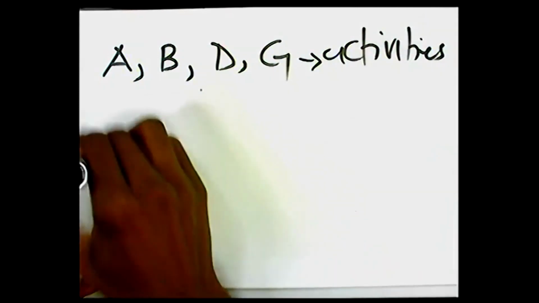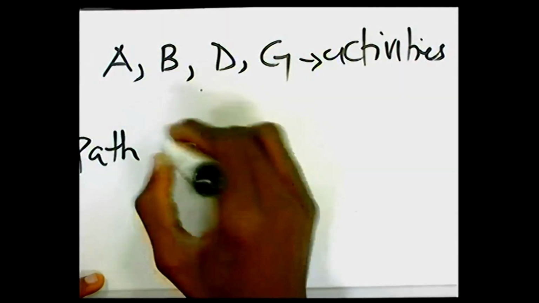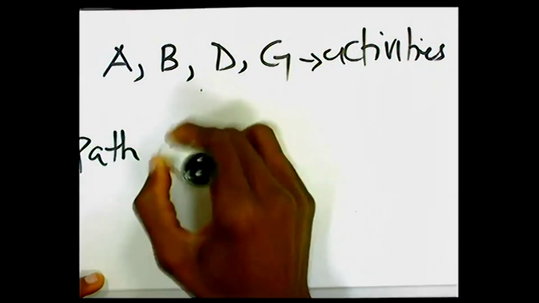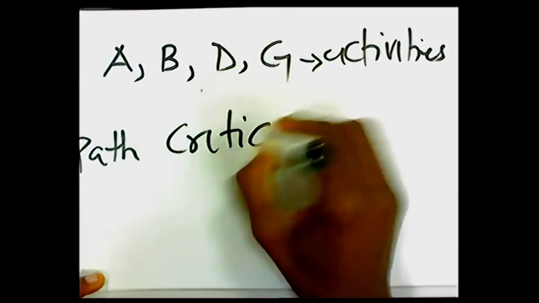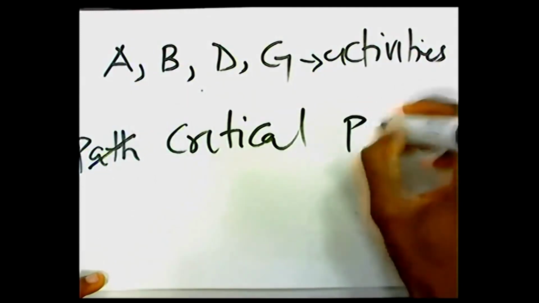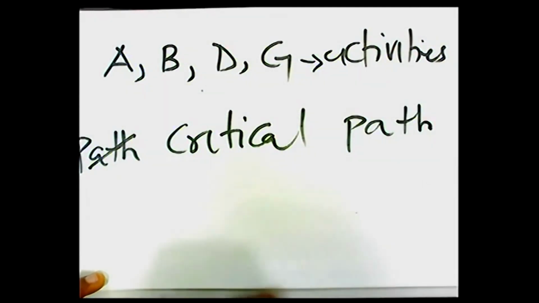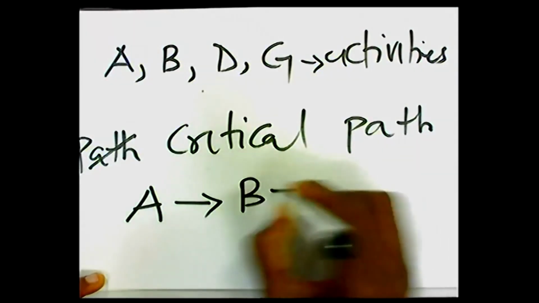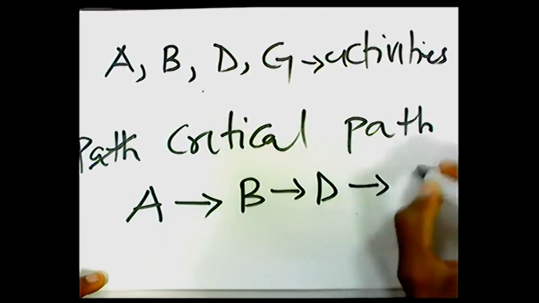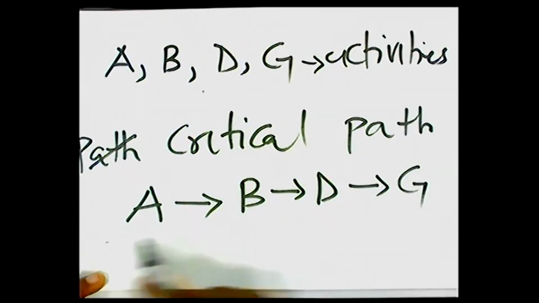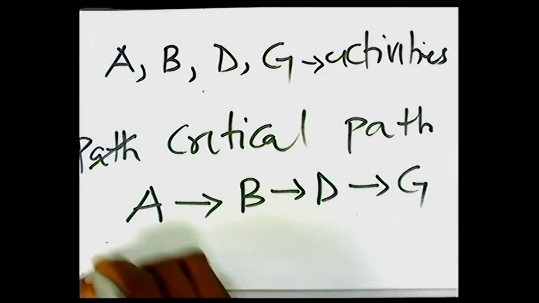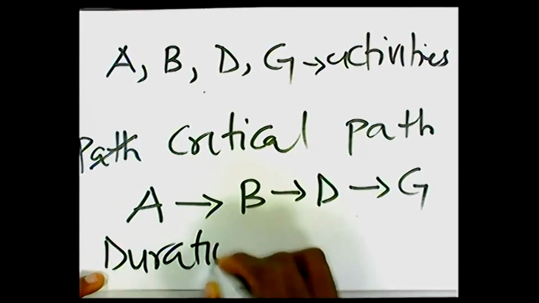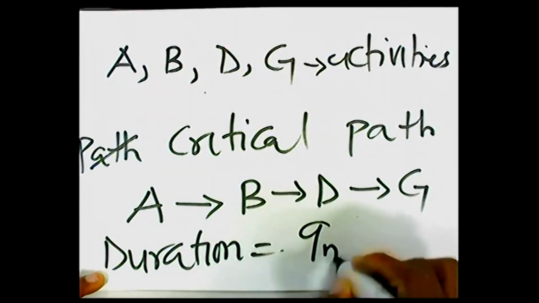Now, if I want to show my critical path, then what I have is going to look like A to B to D to G. So when indicating the path, we use arrows like this, and then you're done. And then your project duration, so these are my critical path. My duration was 9 months.